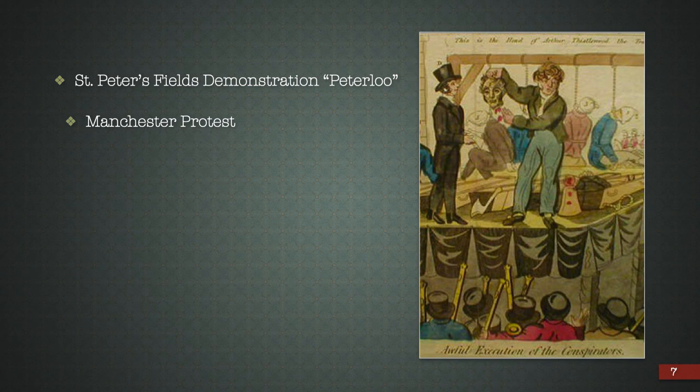There was this call for increasing the electorate, and the idea being that this would help address some of these issues with these laws. And this Manchester protest consists of about 50,000 people, and it's a relatively well-disciplined protest.